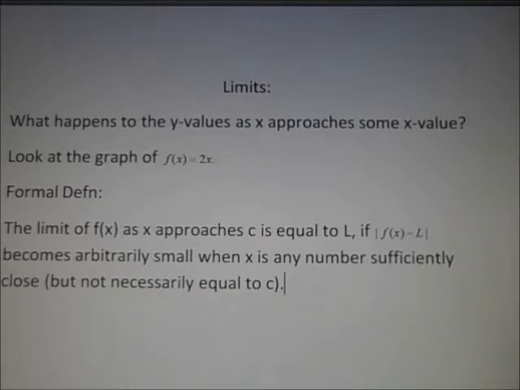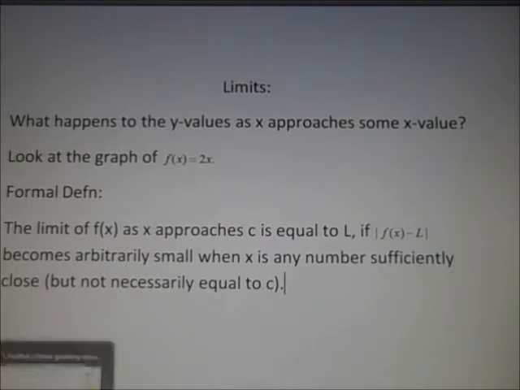So this is your formal definition. We say that the limit of f of x as x approaches c is equal to L. To say that statement, it means the absolute value of f of x minus L becomes arbitrarily small when x is any number sufficiently close, but not necessarily equal to c.